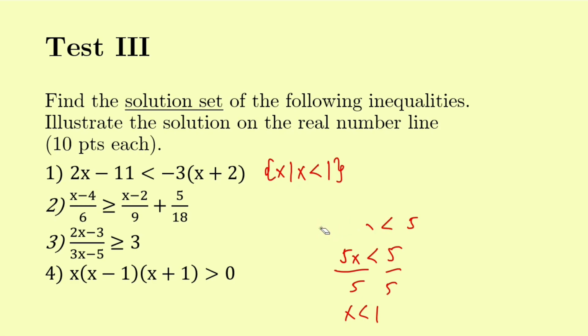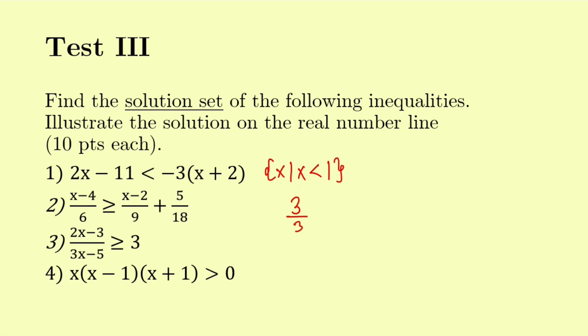Next item, number 2. X minus 4 all over 6 is greater than or equal to x minus 2 all over 9 plus 5 over 18. We need to find the LCD of these three denominators, 6, 9, and 18, and that is 18. In order to make all of these denominators 18, si 6 you will multiply 3, si 9 you will multiply 2. And whatever you multiply to these respective denominators, you will also multiply to their numerators.